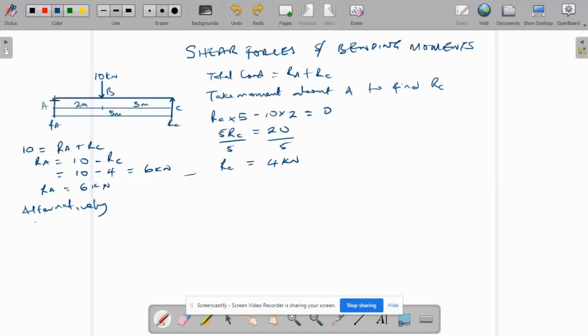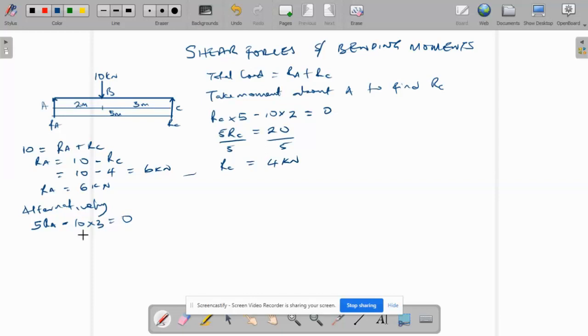So this will be reaction A multiplied by its perpendicular distance, which is 5 reaction A, minus the load, which is pointing downward, multiplied by its lever arm or perpendicular distance, which is 3 meters. So we have 10 times 3 is equal to 0.